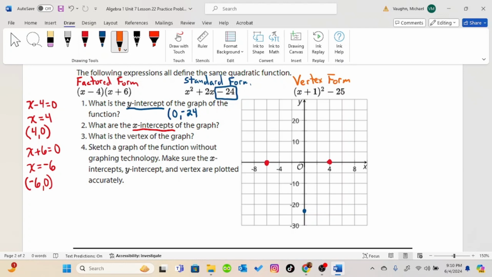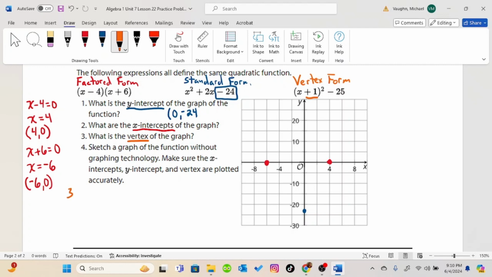And number 3 wants to know, what is the vertex? Well, if I want the vertex, then I'm going to use the vertex form. I want the opposite of what's inside the parentheses.